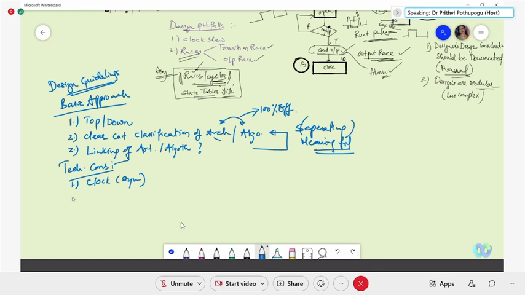Use synchronous clocks in your designs. Next, inputs should be synchronous. That means avoid asynchronous inputs. Inputs should be synchronous, clocks should be synchronous.